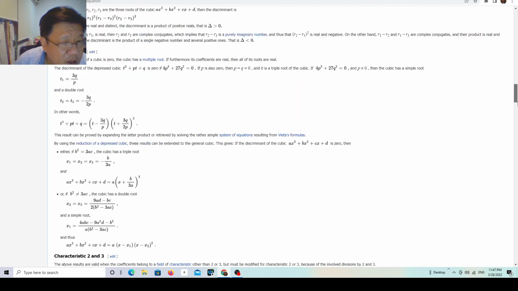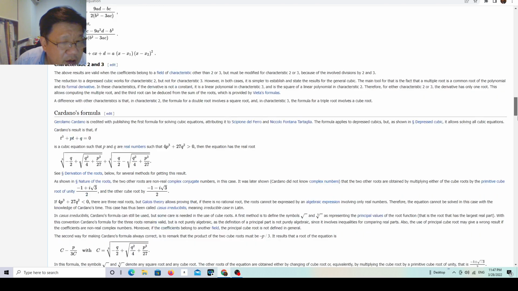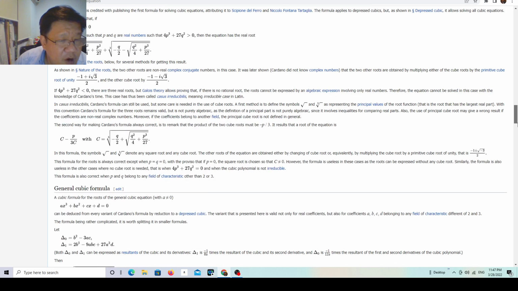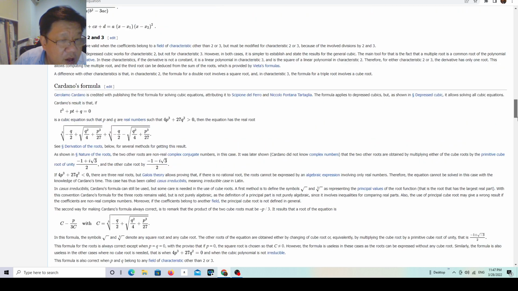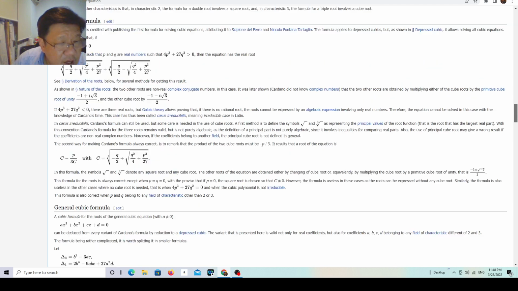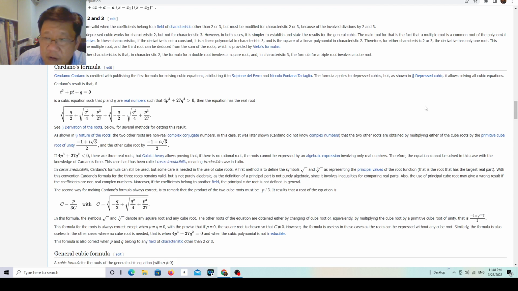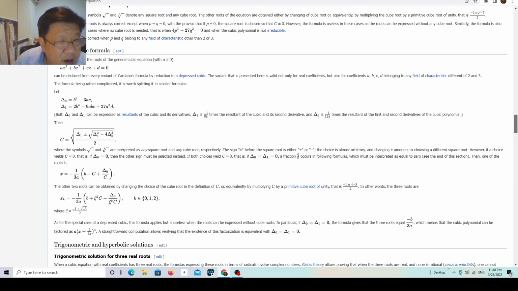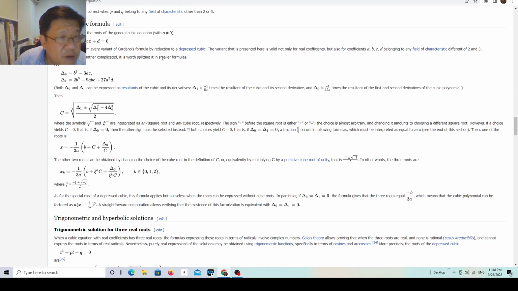If you want the real general formula, they'll start with the Cardano formula here, but the Cardano formula is not quite a complete cubic form. That's a historical development.